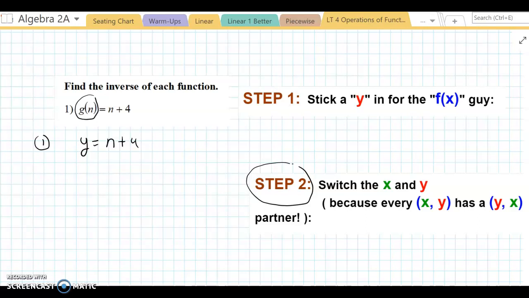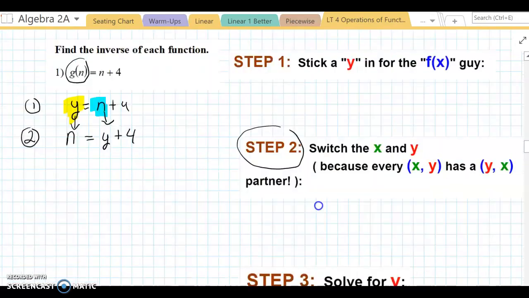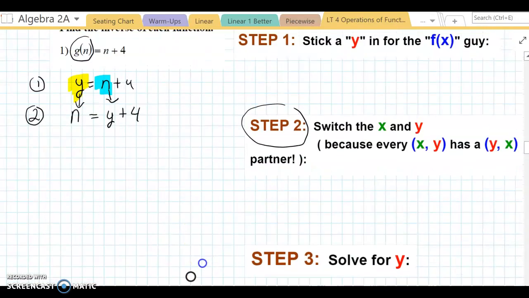So we're going to replace this and this. So this now becomes n, this now becomes y. Step 2.